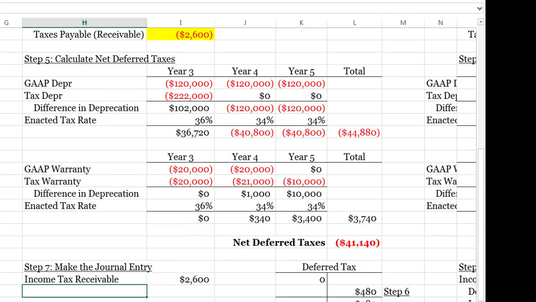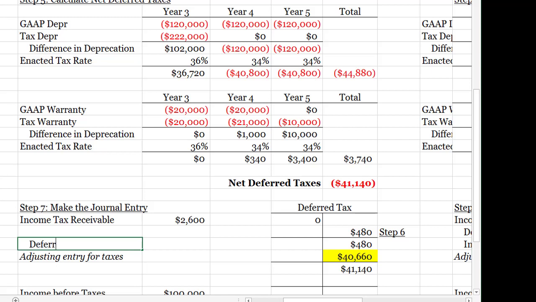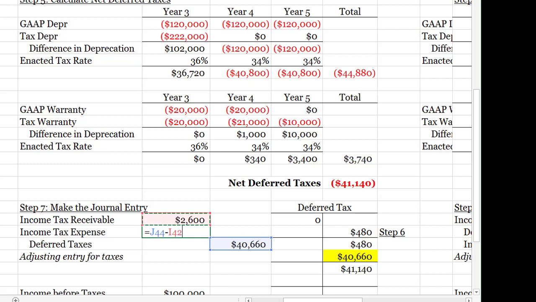And it's a receivable, so it shows up as negative up above, but that's just a debit into my receivable account because money's coming back to me. I know my deferred tax is $4,660. I can calculate income tax expense as the plug figure. So $4,660 minus the $260, that's my income tax expense for the period.